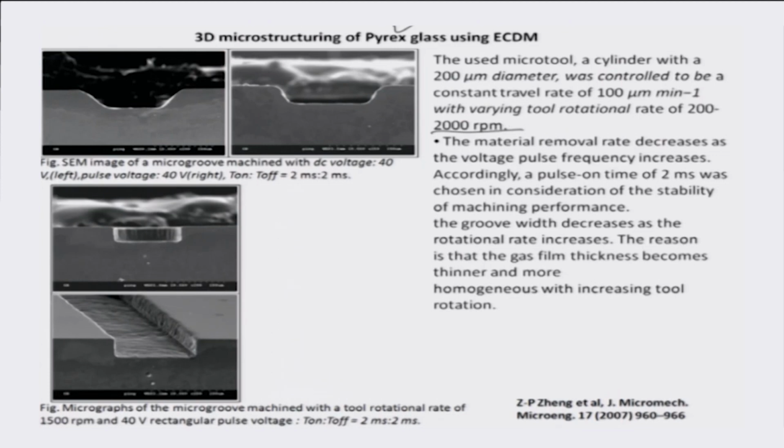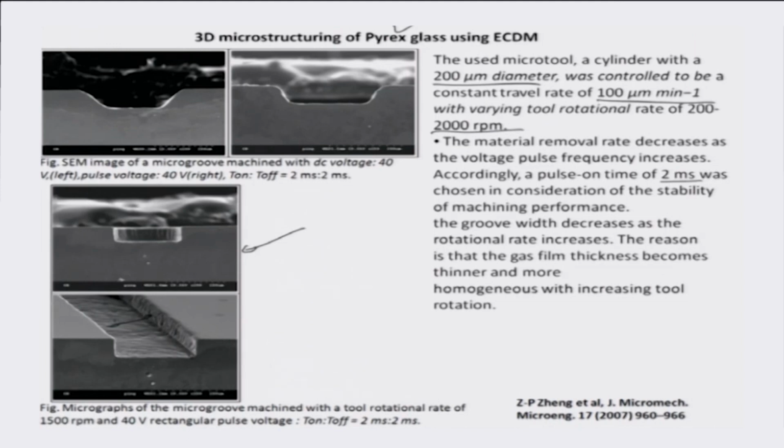And in this particular illustration you can see some beautiful SEM images of channels being produced at a pulse on time of roughly about 2 milliseconds, and the tool travels in this case at a constant travel rate of 100 micrometers per minute. So the process is a little slow in terms of the material removal rate, etc. And the tool diameter in this case is a cylinder of about 200 micrometer diameter.